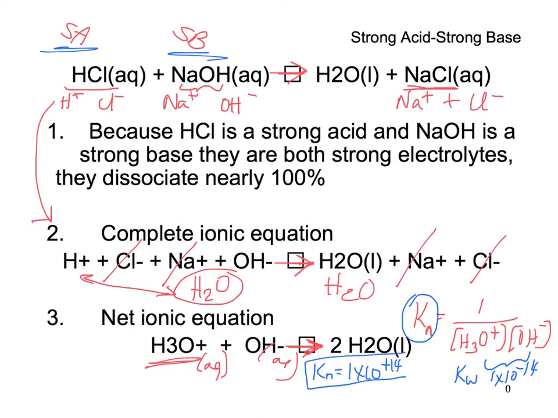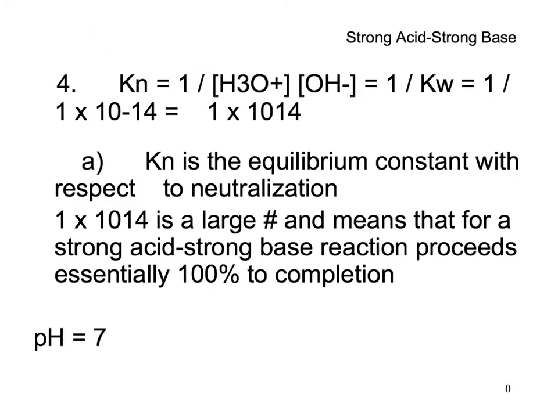That's a pretty high number. And since this number is really large, that tells you something about this reaction. It tells you that it's going to go all the way to completion, and only the forward reaction would be possible in this particular case. And that's what I say here.